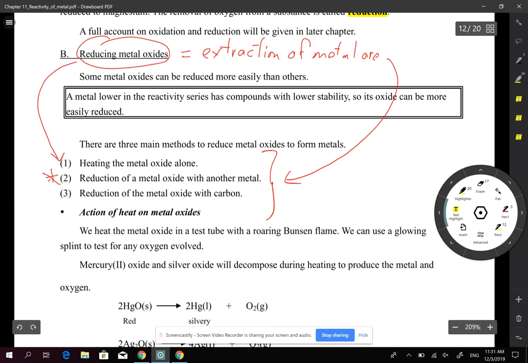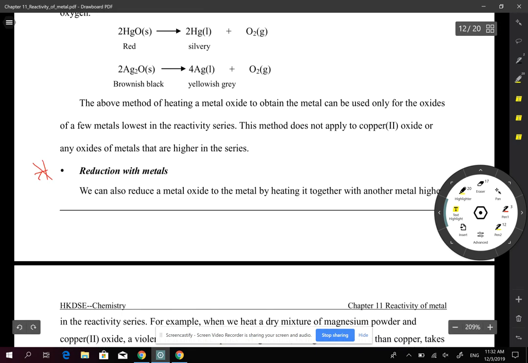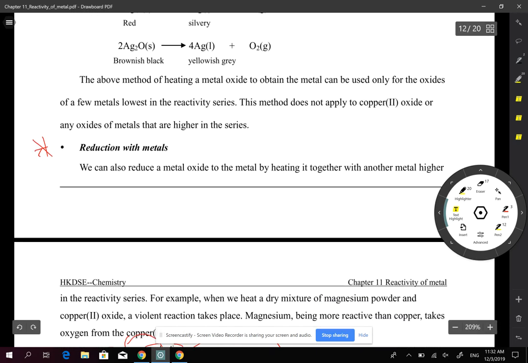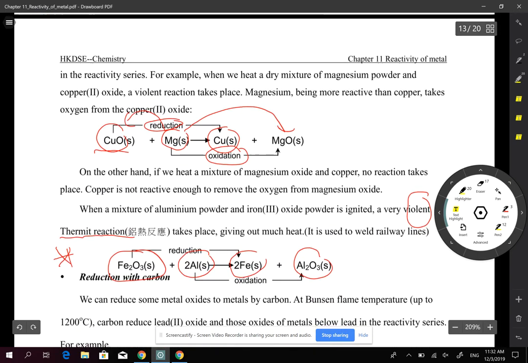Okay, and that means extraction of metal ores. Now, sometimes it will also be called reduction. The reaction of metal to form metal oxide, you can call it oxidation. Okay?